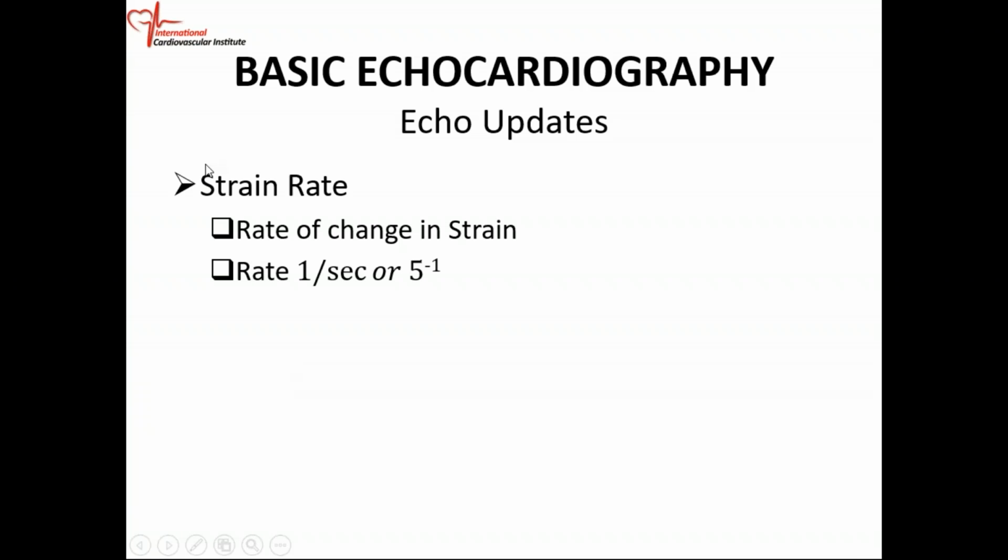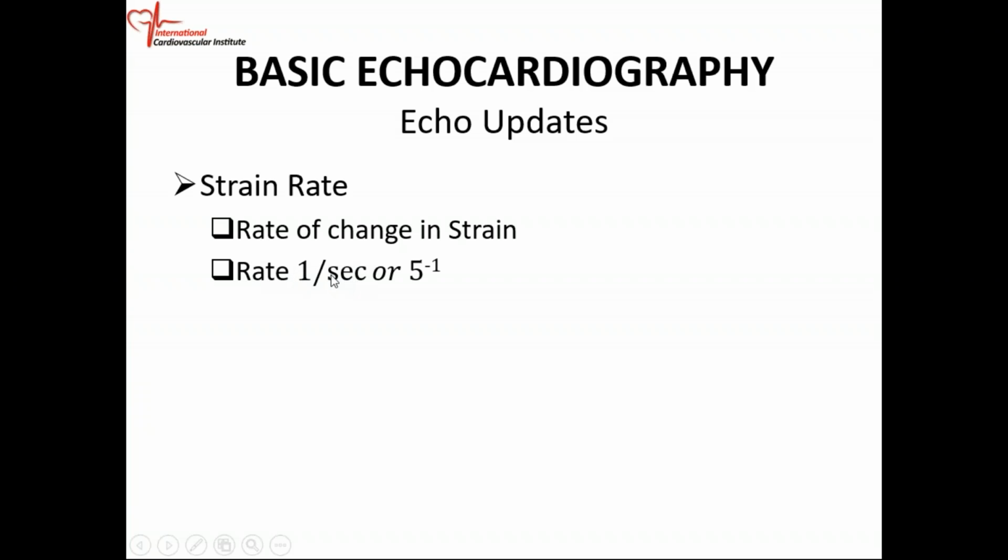So again, if you use the formula, you can see that strain is dimensionless because it's a length divided by a length, so there is no unit. But strain rate, which is the rate at which you get the strain, is strain over time, or strain over second.